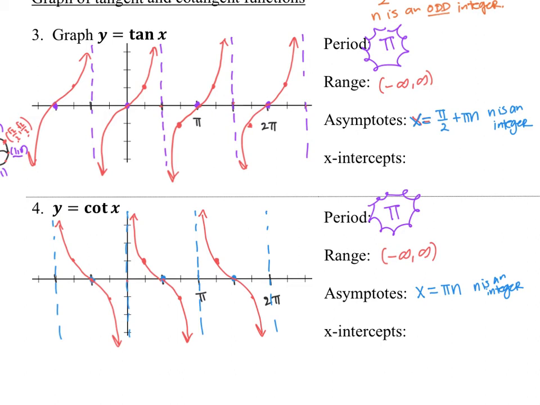Now I'm going to write a formula for the x-intercepts. On tangent, there's an x-intercept at (0, 0), (pi, 0), (2 pi, 0). So I'm going to say it's at (n pi, 0), and n is an integer.